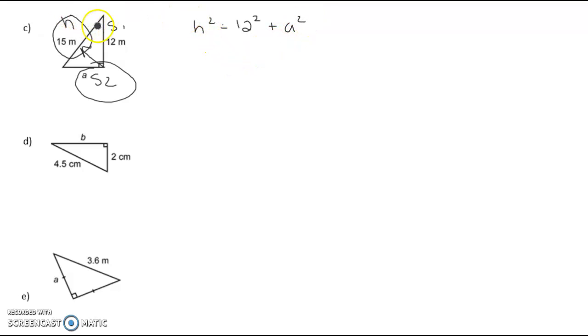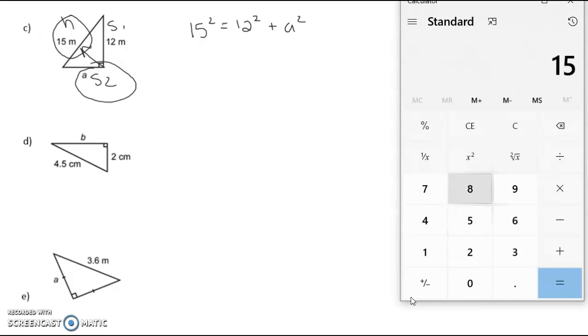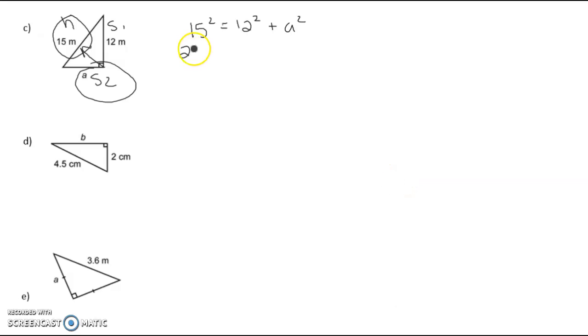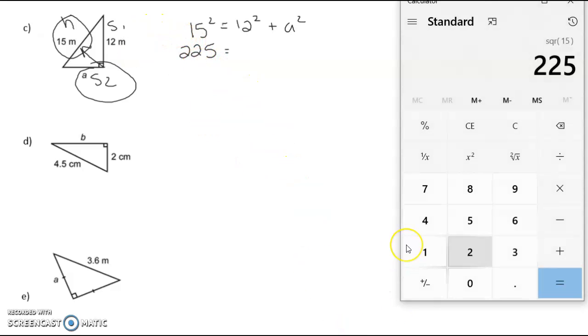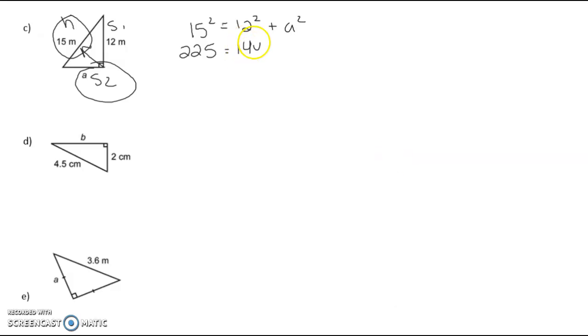Our hypotenuse now is 15, so I'm going to erase this h and put a 15. Okay? So now, in our calculators, 15 squared gives us 225 equals 12 squared. 12 squared gives us 144, and then plus a squared.